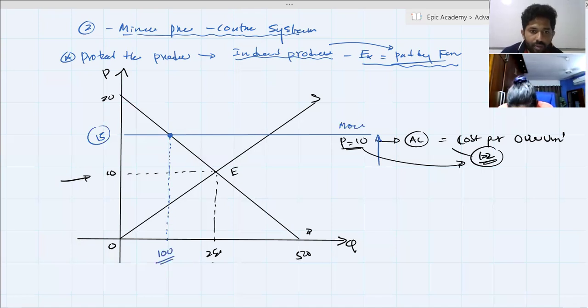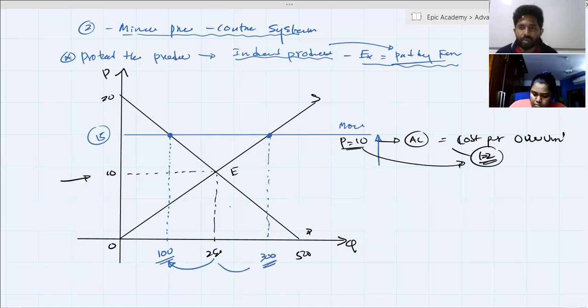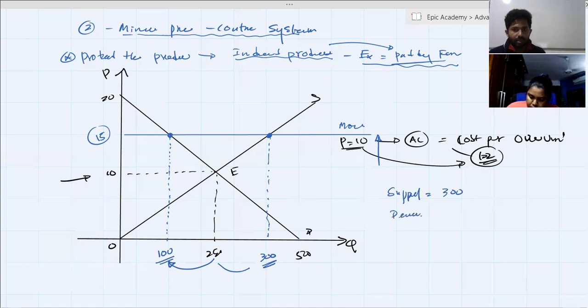It reduces from 250 to 100. Again, what happened to the quantity supplied? It increased, because the price increased, from 250 to 300 as an example. So now you can identify the supply amount in this particular market is 300, and the demand amount is just 100.